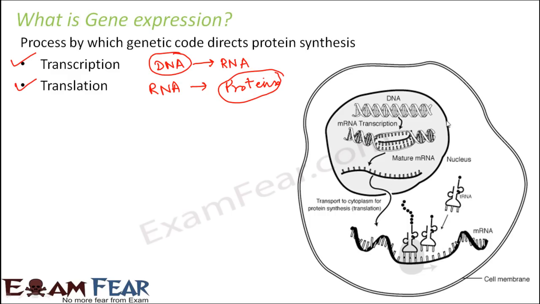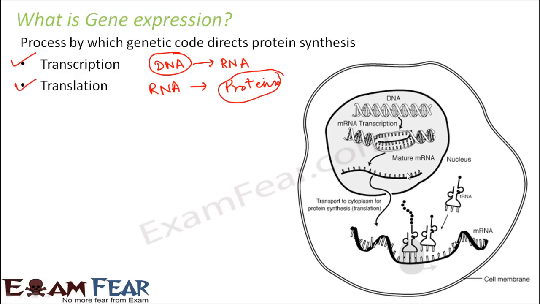In this picture, you can see that this entire portion is the nucleus, and inside the nucleus you have the DNA. The DNA duplicates, then the DNA undergoes transcription. Here you can see the process of transcription: RNA polymerase enters beyond the promoter region and elongates the transcription unit, or the structural genes of the DNA, and then an RNA is formed.